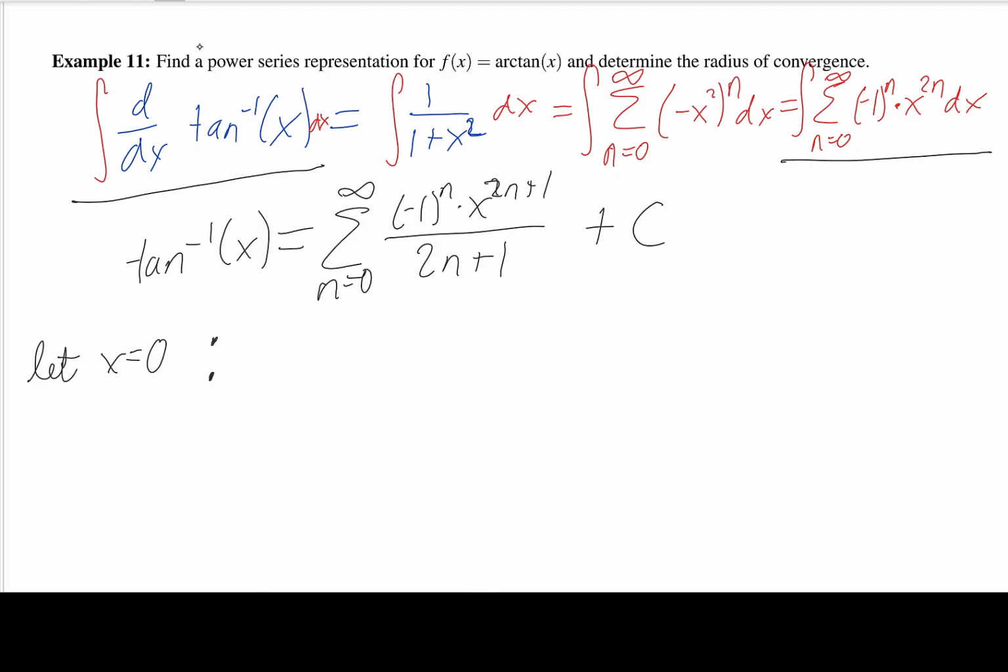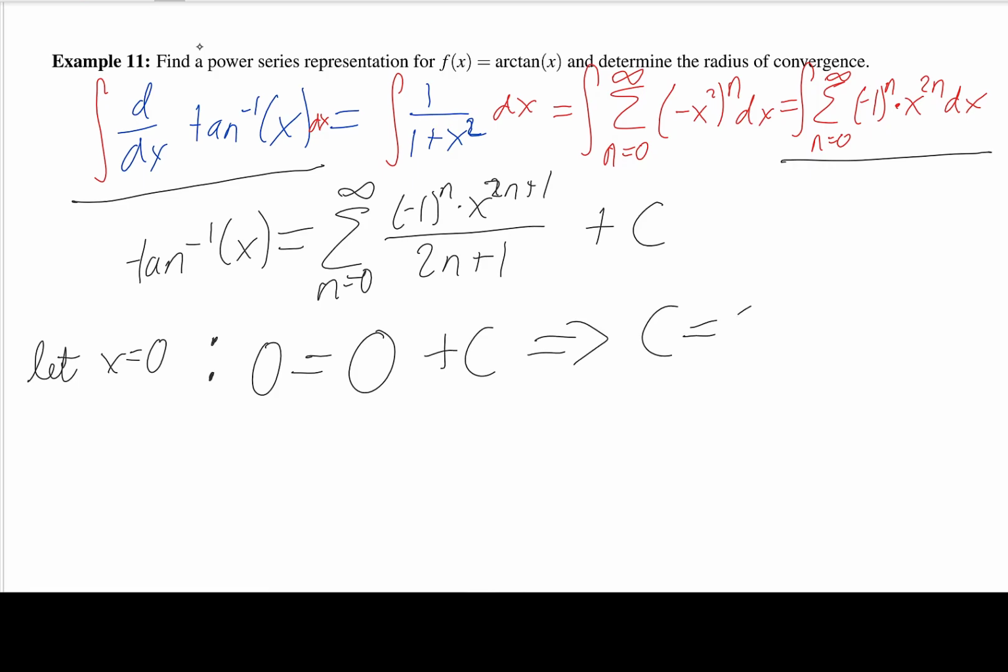And so we'll get tan inverse of 0, which is 0, is equal to, well now notice when I plug in x equals 0 right here for our summation, that x will become 0, so we'll get a 0 on top divided by constants that are non-zero. So this whole sum just turns into a sum of zeros, which is 0, plus c.